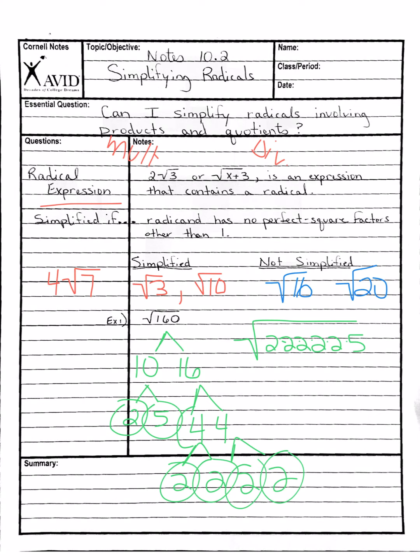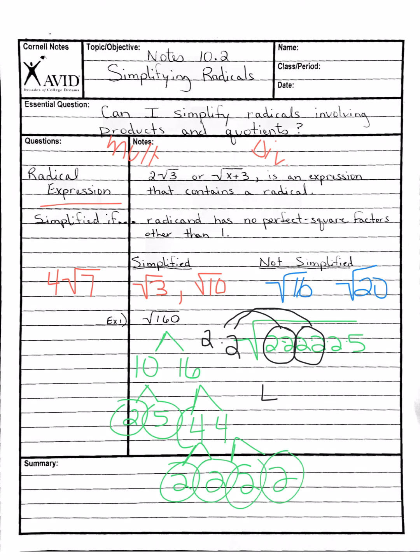So to simplify this, we need to pull out our perfect squares. Well, we know 2 times 2 is a perfect square. It's 4, and when we take the square root, we get 2. And here's another perfect square. 2 times 2 is 4, so that's a perfect square, and when we take the square root, we get 2. So the simplified form of the square root of 160: look at what's in front.